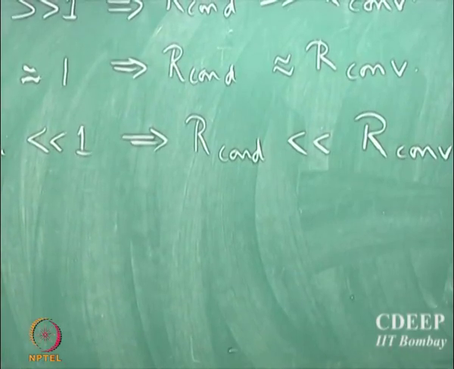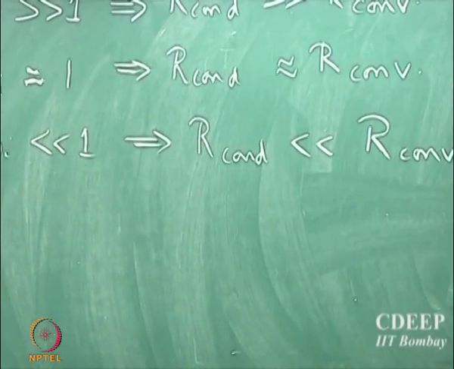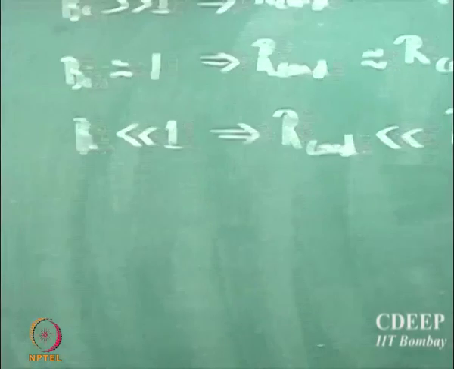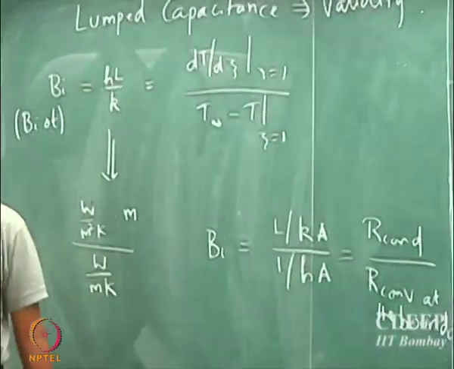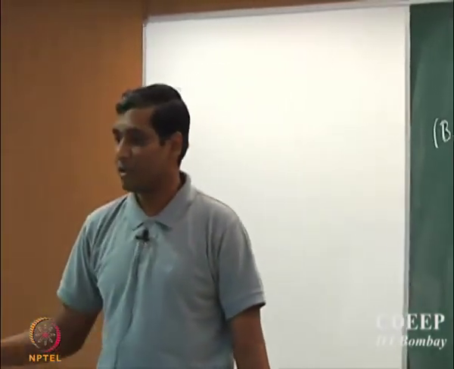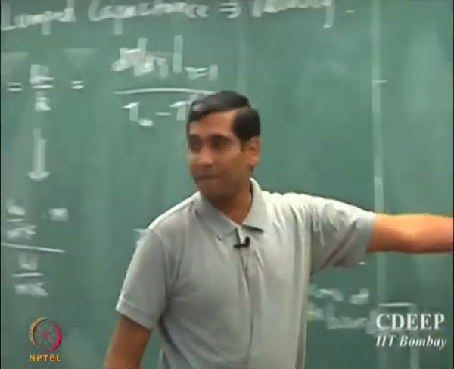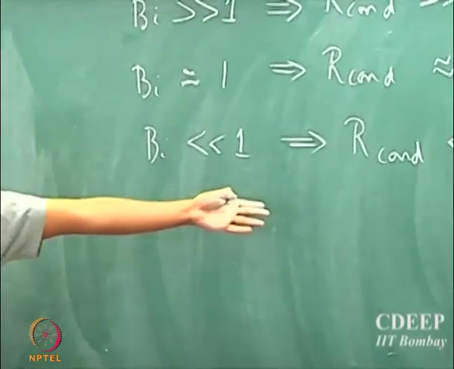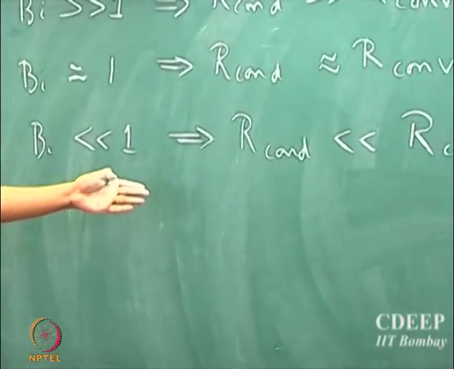Okay. So suddenly, by defining a dimensionless quantity, we are able to use all the intrinsic properties and the dimensions of the system in order to identify when the lumped capacitance method is important.